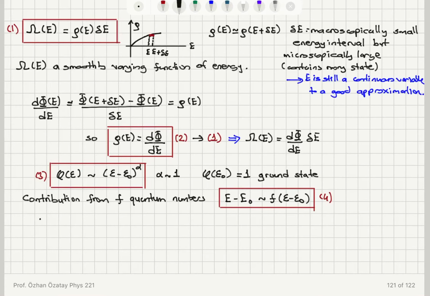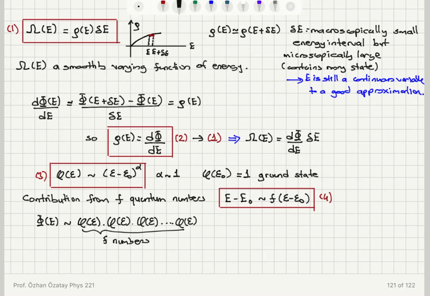Okay, so the total number of possible states with energies less than E will be given by the following. You should count the total possible number of values each quantum number can have for a contribution epsilon to the total energy E. So this is for the first quantum number. Now you have for the second quantum number phi of epsilon, the third quantum number phi of epsilon, and you do this F times, because you have F quantum numbers to specify F numbers.